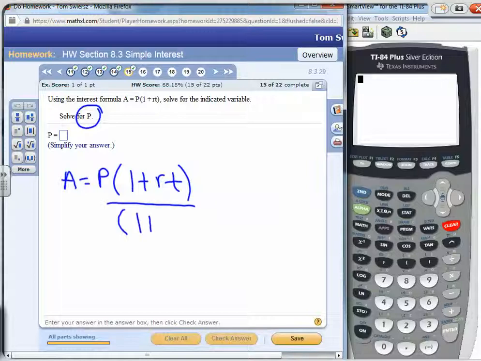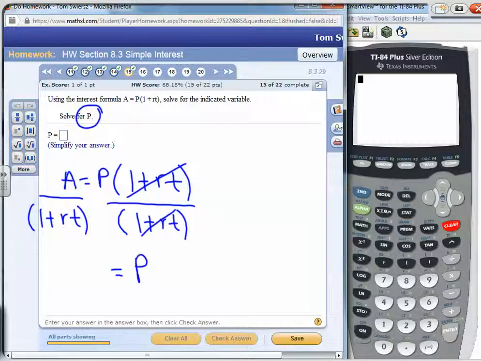You can divide both sides by the entire quantity, 1 plus RT, and that whole quantity cancels, leaving you with P, which is what we want. We want to solve for P, which then is A over 1 plus RT. Okay? So there's just one step here because you could simply divide both sides by 1 plus RT, and that will cancel, and you'll solve for P. All right, let's go ahead and put that in.